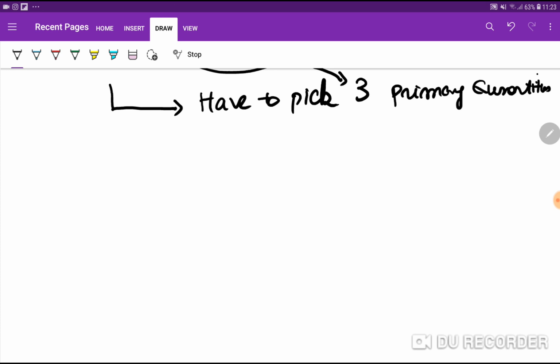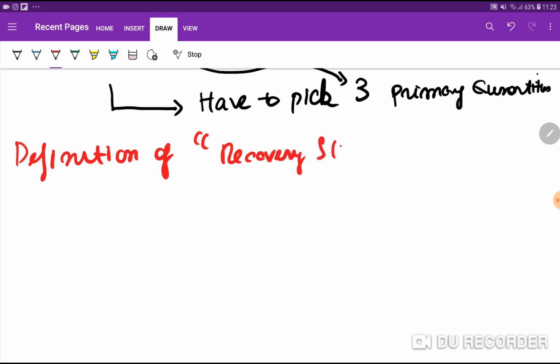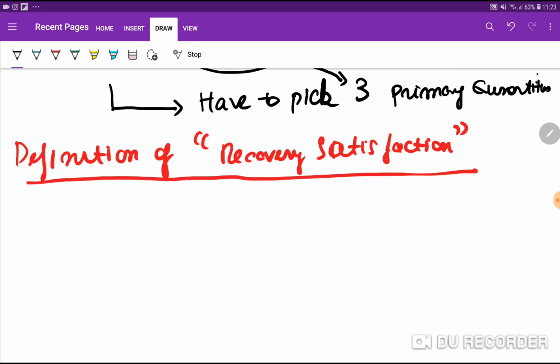So let me write the definition for recovery satisfaction. What does it mean for the three primary quantities to recover our fundamental dimensions?